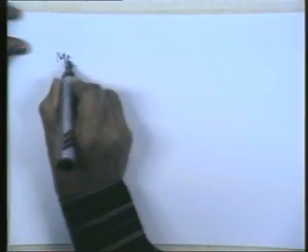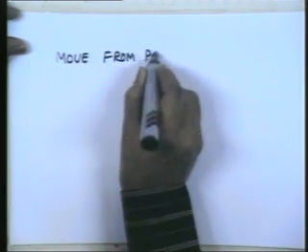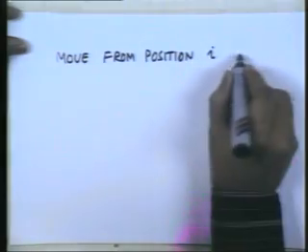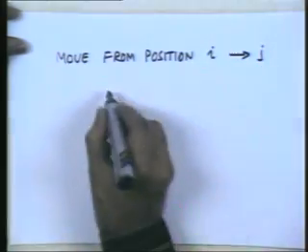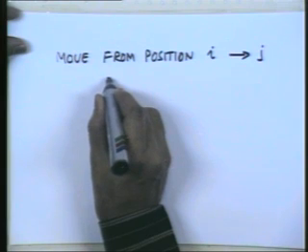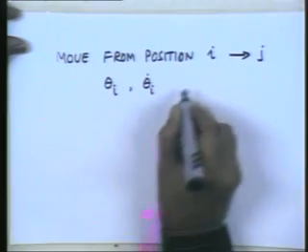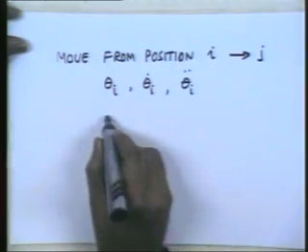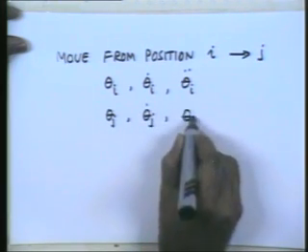Supposing I am trying to talk about a move from position i to j such that you have theta i dot and theta i double dot, similarly theta j dot and theta j double dot.